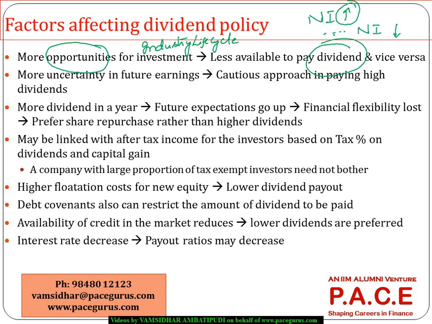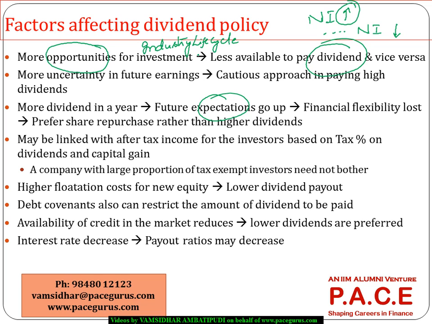Once it has created a high dividend because of high profit, the expectations in the future go up. And if in any year the company is not able to meet those expectations, it will send negative signals to the investors. So from that perspective also, if the company is uncertain about the earnings in the future, it's better to retain more in the form of retained earnings rather than paying more in the form of dividend.